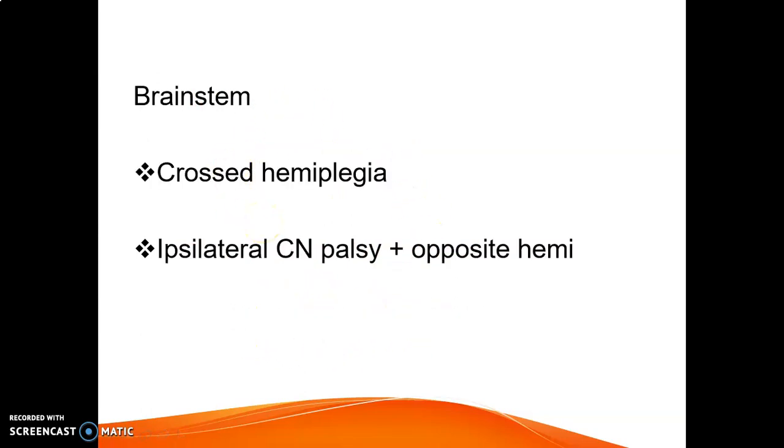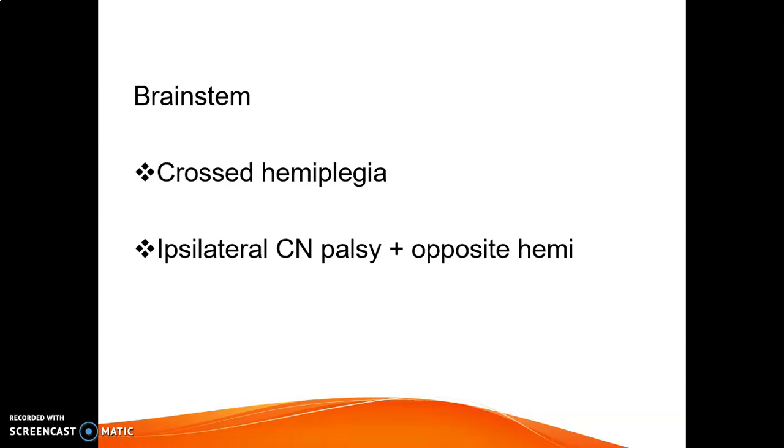If the brainstem is affected, there may be crossed hemiplegia. Normally we see that when the cortex is affected, the same side of the face and the same side lower limb are affected.